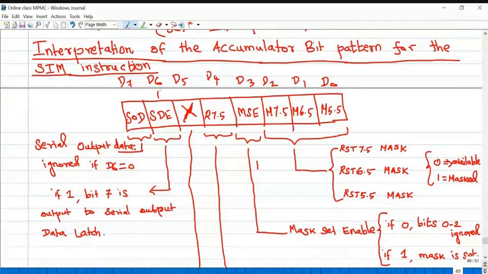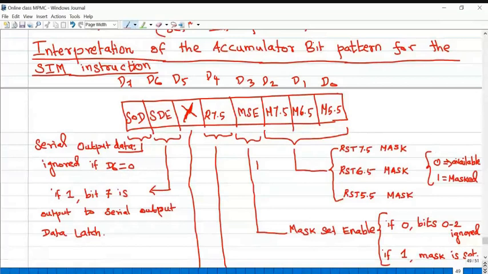If SOE equals 0, then D7 data will be ignored. This is the interpretation of the accumulator content while executing the SIM instruction.